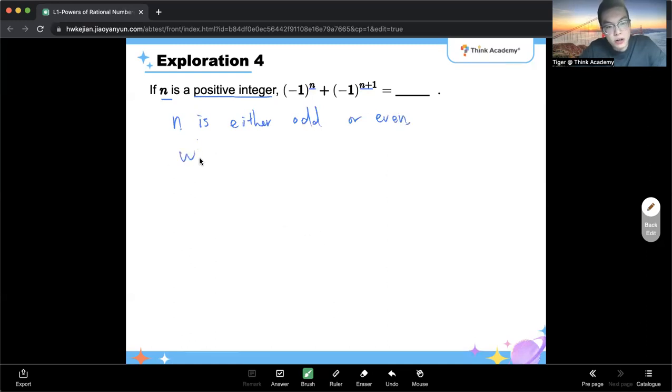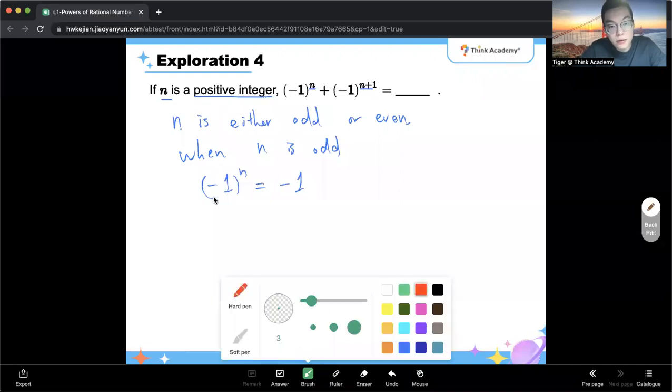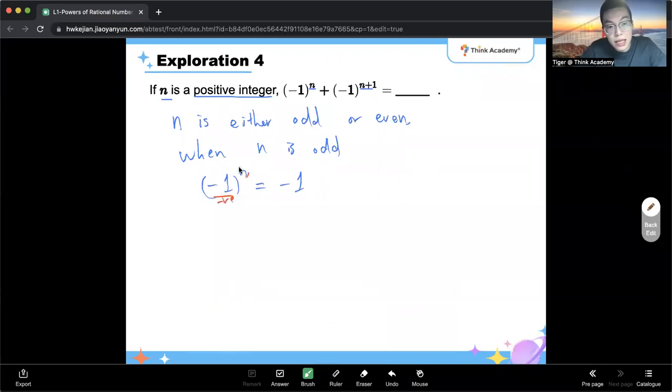Say when n is odd, then (-1) to the power of n is going to be -1 because I have a negative base and an odd power. So it's going to be having a minus value.